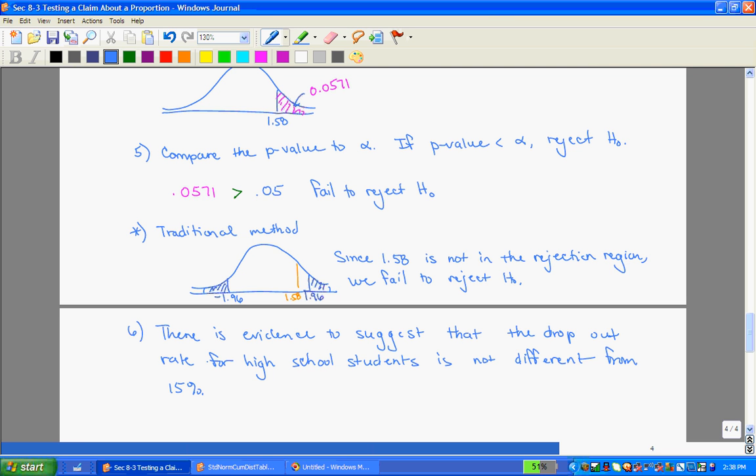So again, we didn't prove that it's 15%, but we don't have any way to say that it's either smaller or lower than because we didn't get a test value or anything that fell in that rejection region.